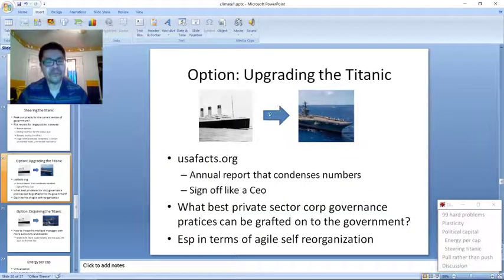One of the solutions for the political capital problem is upgrading the Titanic.